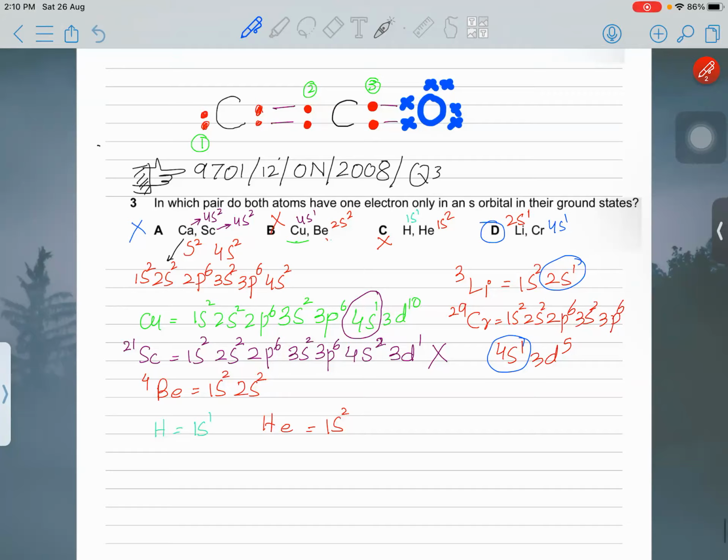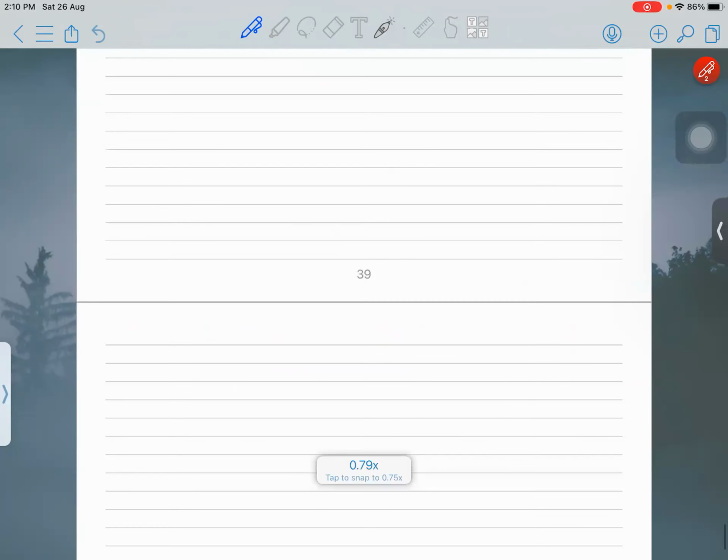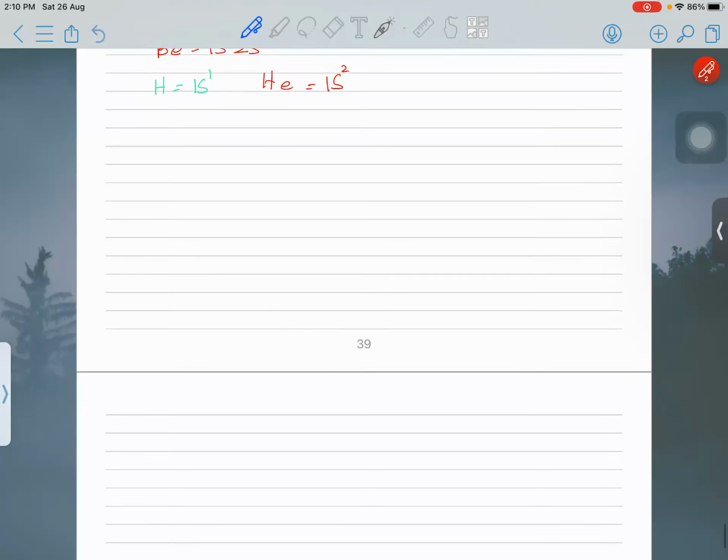So next question. We have two isotopes of sulfur, sulfur 32 and sulfur 34. Ar is 32.09.